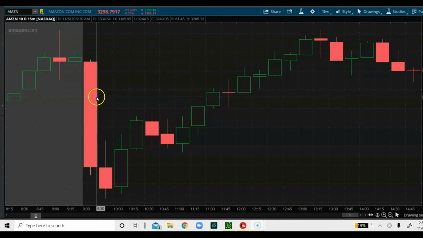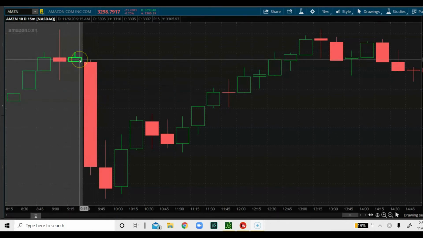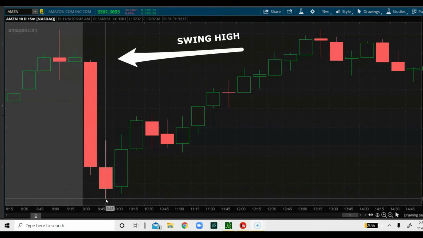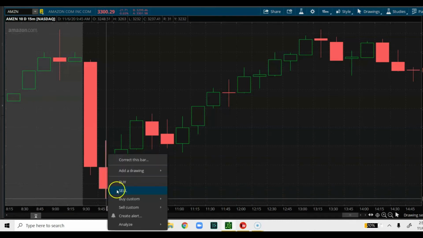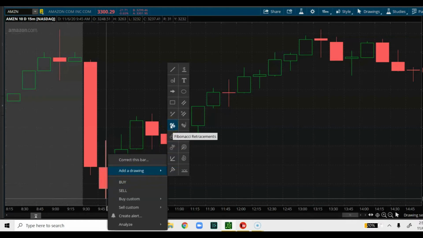So the first thing we do once we've identified the swing high and the swing low, we're going to draw our Fibonacci levels. The platform I'm using is THINKORSWIM by TD Ameritrade, and all I have to do is to right-click my mouse, add a drawing, and right there is my Fibonacci tool.